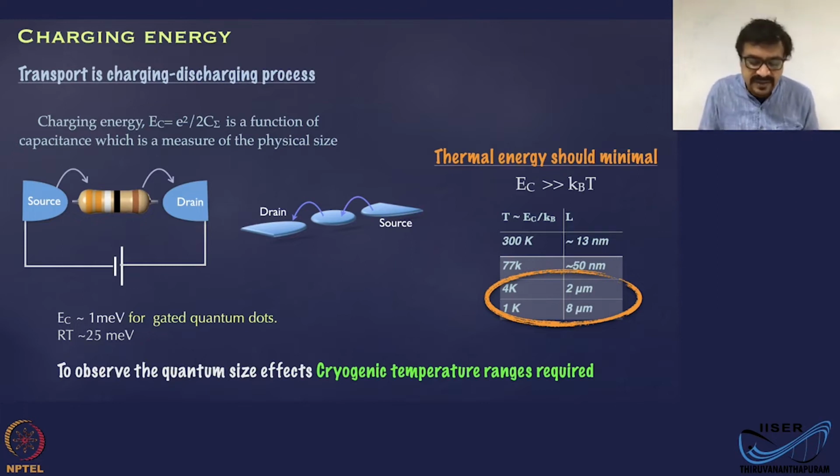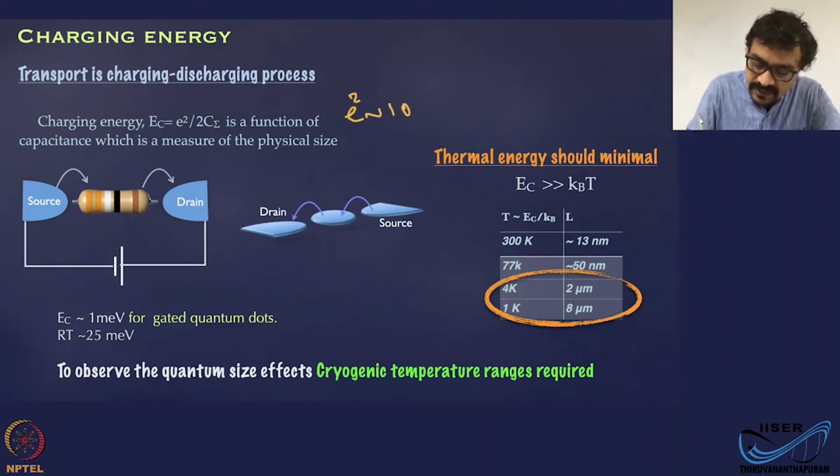Now, in this case, to add an electron or to charge or discharge, this is the energy that you have to exert. And you can work out this number. e squared is of the order of 10 to the power minus 38, and C sigma is 10 to the power minus 9.